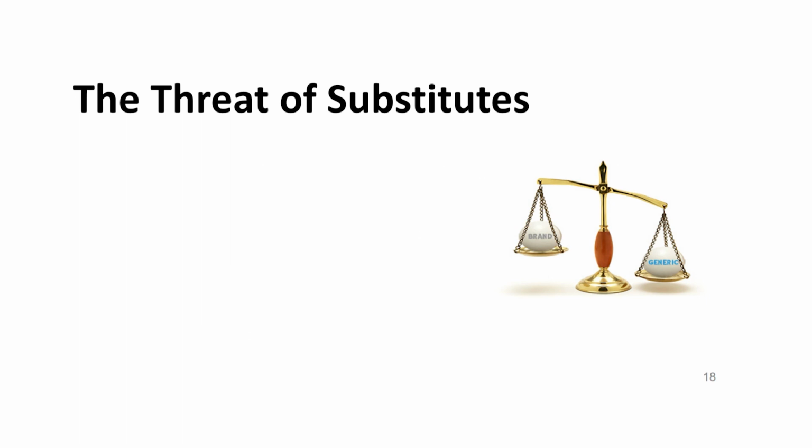Moving to fourth point, which is threat of substitute. Now, what exactly are substitutes? Substitutes are those products, different products which satisfy a similar need. Tea or coffee, pen or pencil, they are different substitutes, different products satisfying similar need.